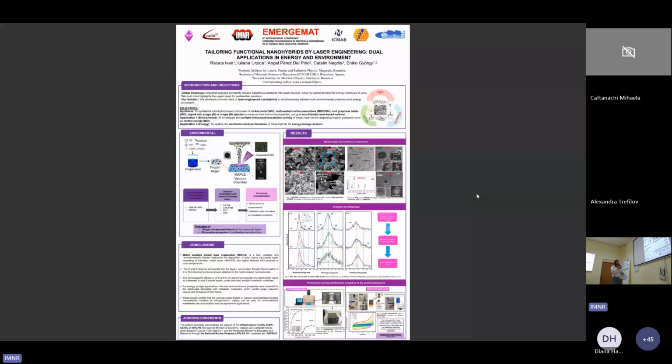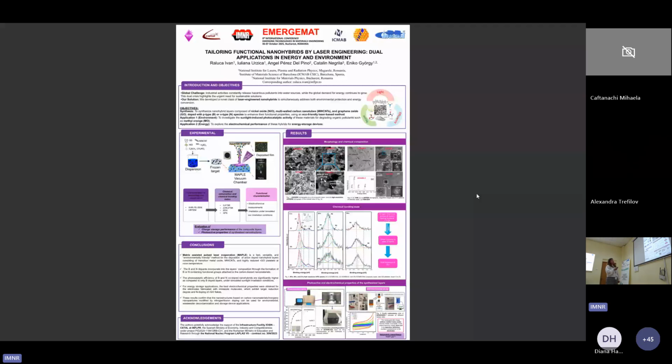We can also dope our layers with nitrogen or boron compounds during the same process, and grow multi-component layers at room temperature without any additional treatment required by conventional techniques.